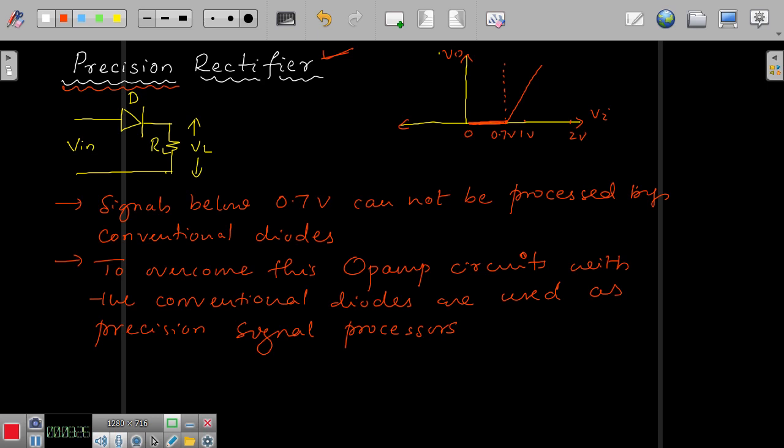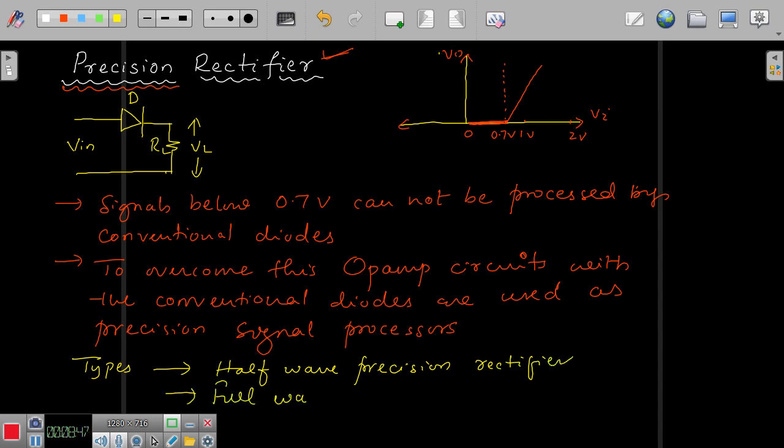Again, we have different types here. As long as the precision rectifiers are concerned, we have the half wave precision rectifier, right, and we also have the full wave precision rectifier.